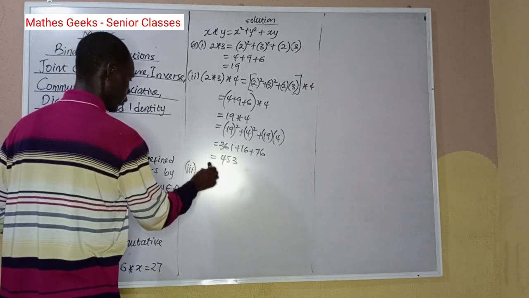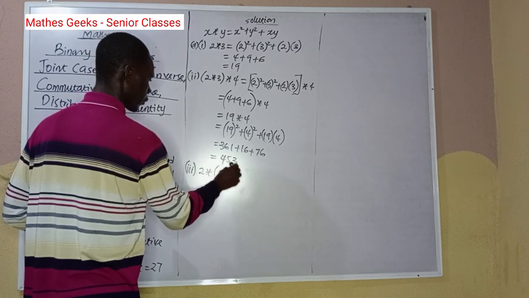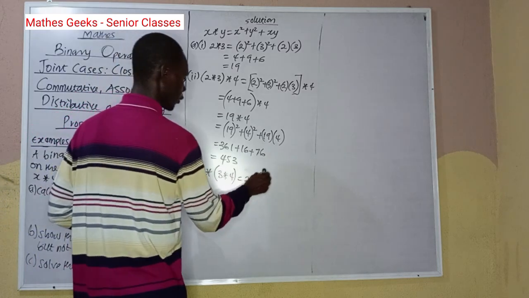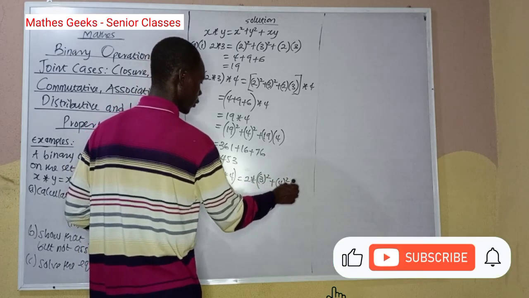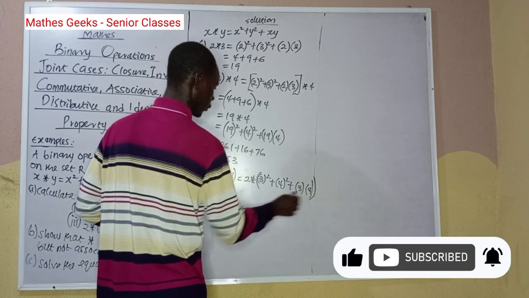So 2 star (2 star 3) star 4 is equal to 2 star (3 squared plus 4 squared plus 3 times 4).